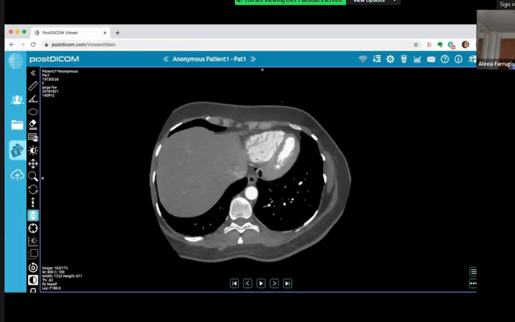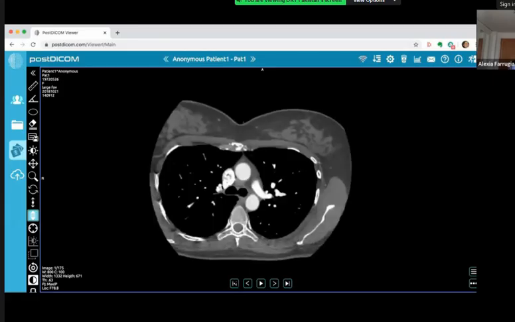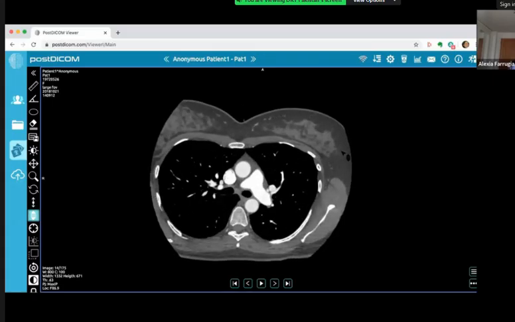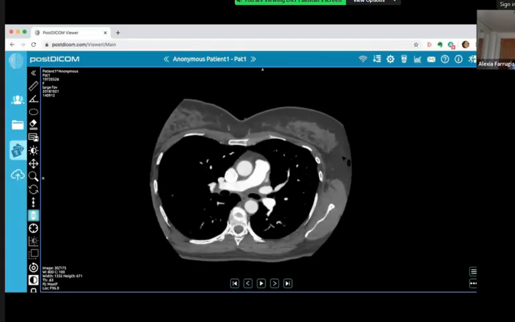Okay, so that's the right coronary terminating as a PDA. Yeah. So that's the dominant vessel. If we go back and follow the right coronary from its origin, tell me what you think.